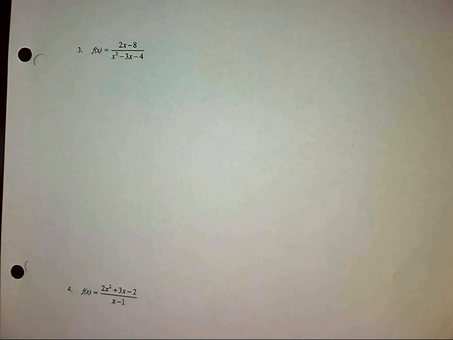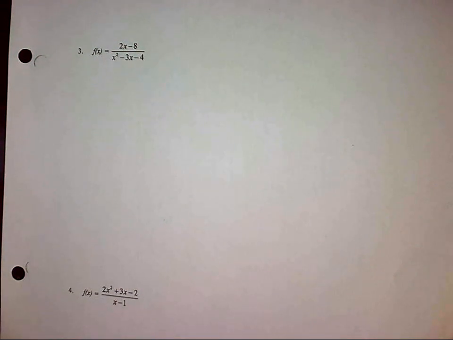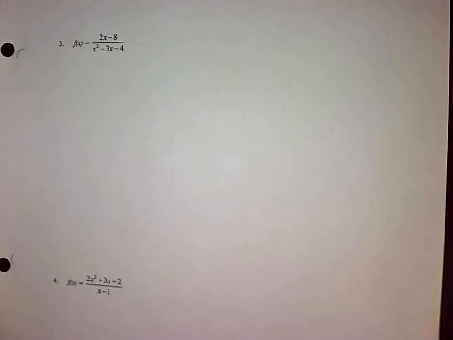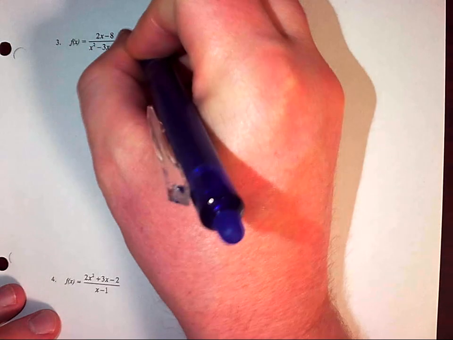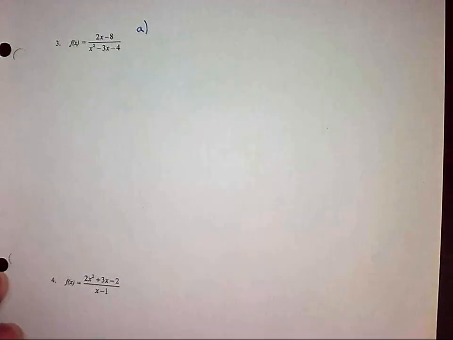So for example number 3, we're going to go through that exact same process. For A, we're going to try to figure out what makes our denominator equal to 0. And again, we want to figure out whether or not we can factor this. And what we can see is that we actually can factor this because we're looking for two numbers that add to -3 but multiply to -4.